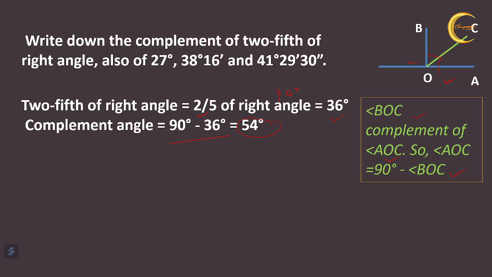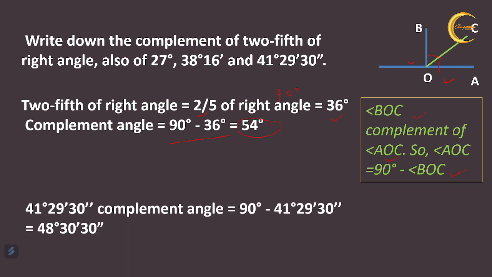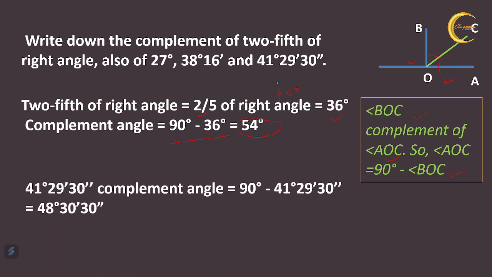Now come to 27 degrees 38 minutes 16 seconds, and 41 degrees 29 minutes 30 seconds. Let's come to this problem. The rest of the problems are very easy. Now you see here, 1 degree equals 60 minutes, and 1 minute equals 60 seconds.